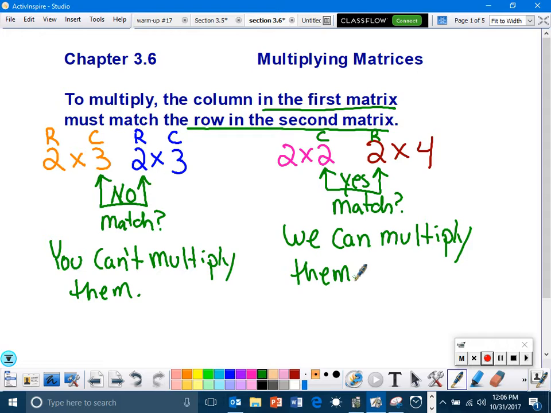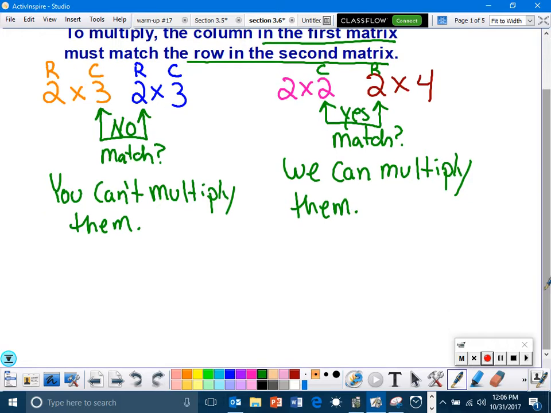Now, if you can multiply them together, the new matrix, when you multiply them together, is going to have possibly a different row and column than what you actually started with.